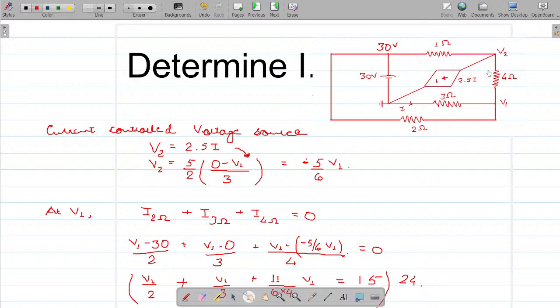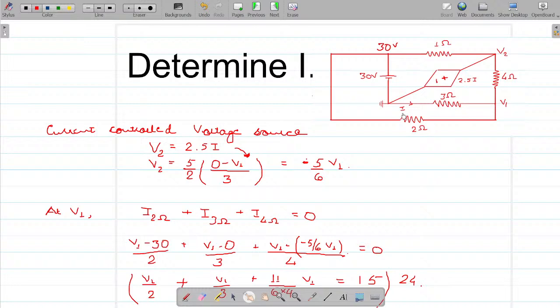Then there will be a value given beside it which tells by what value it is controlled. In this case it was controlled by the current flowing in the 3 ohm branch, right? And the direction of the current is given to be this. Be very clear about the directions of currents because this is where we usually make mistakes.